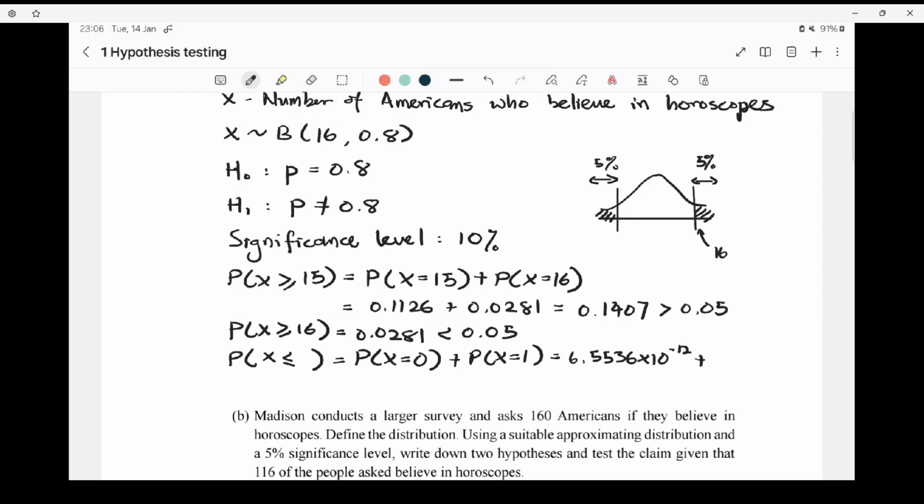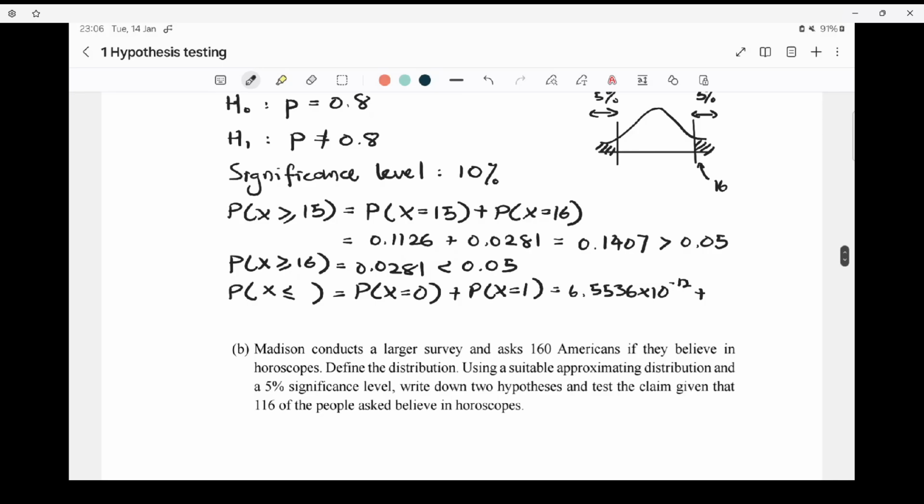Let me do some rough estimation. So let's try up to 5. Yep, it can definitely be larger.